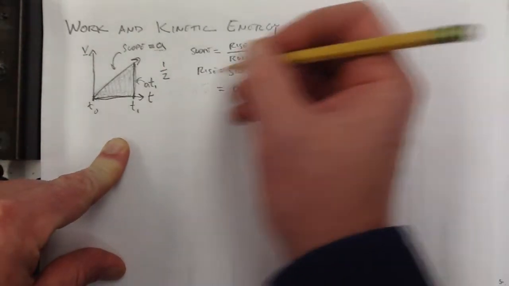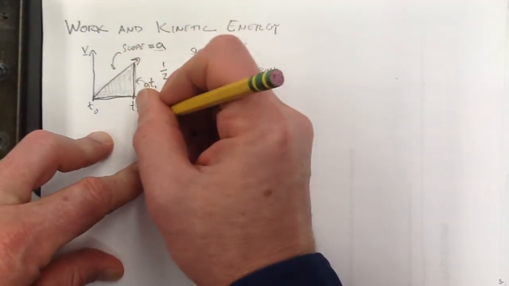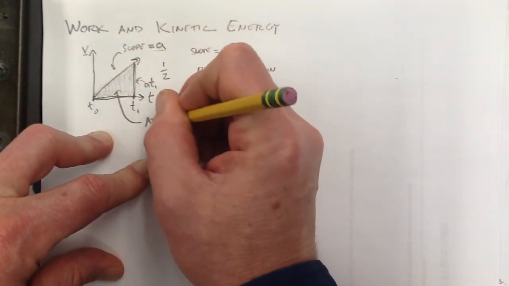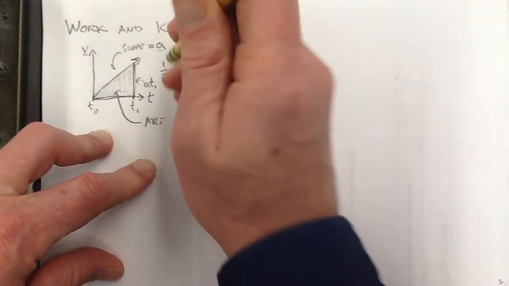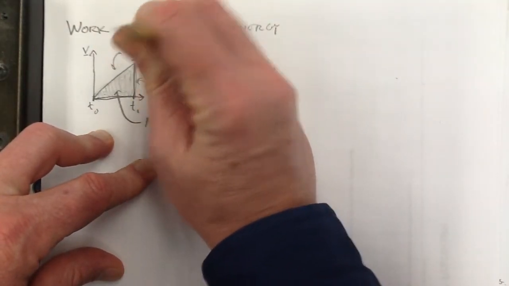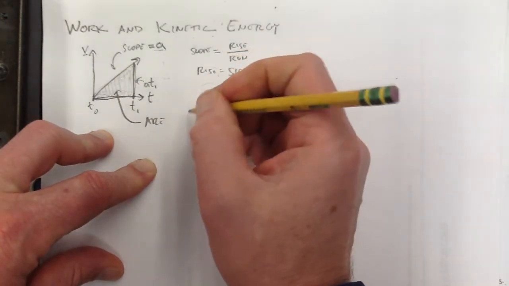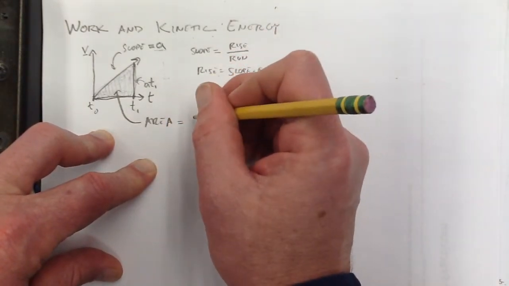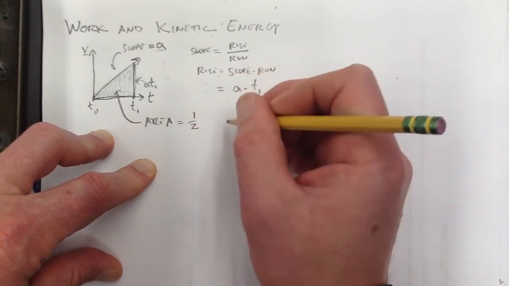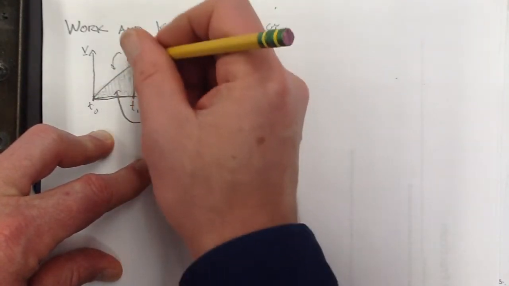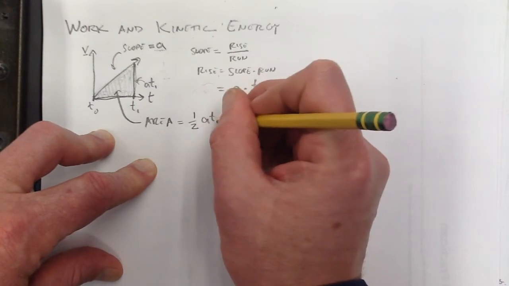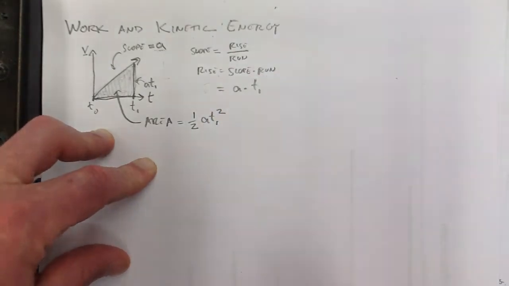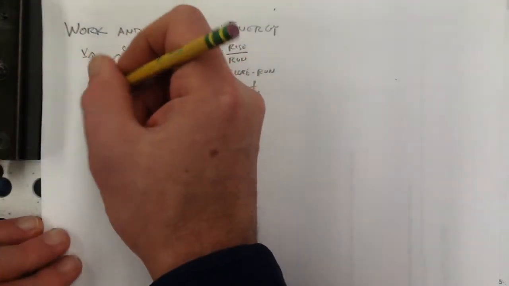So that means the area of this, I'm going to move down where I have a little more room since I crowded up that space. That area is equal to 1/2 base, which is t1, times height. And there's no initial velocity here.